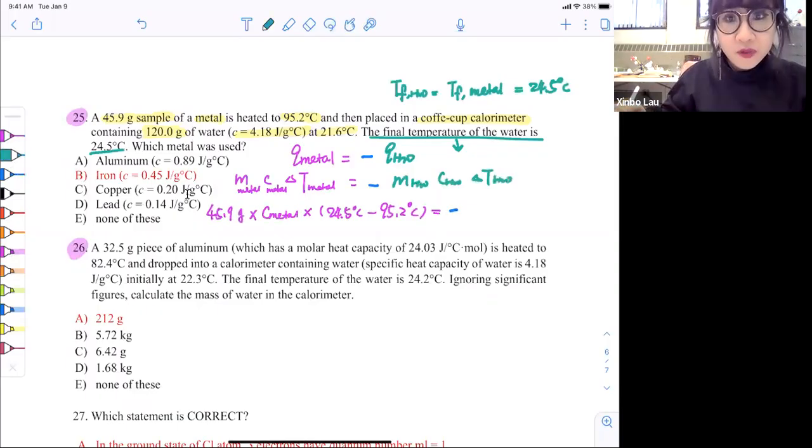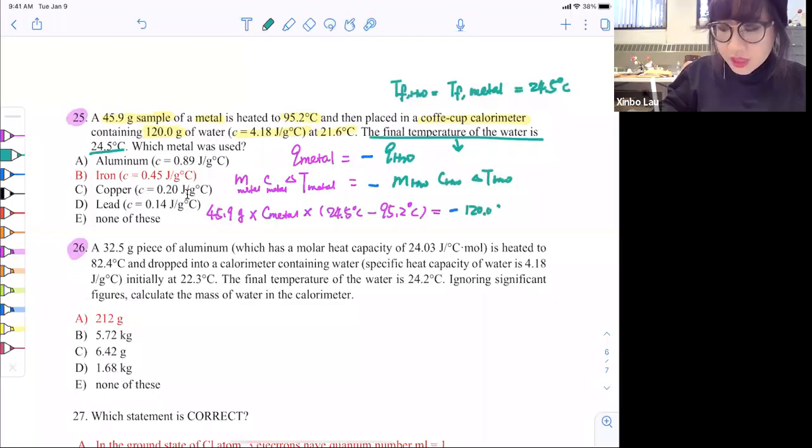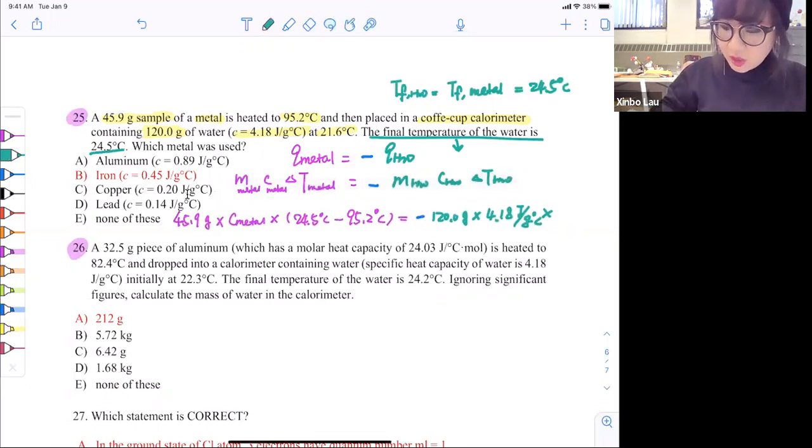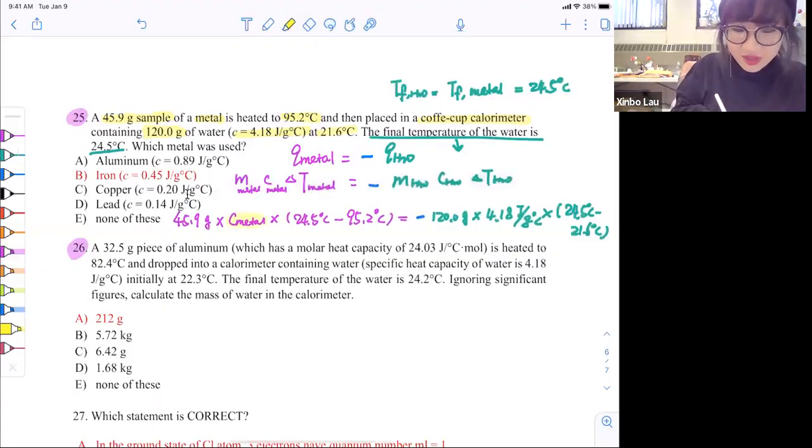The mass of water is 120 grams, specific heat is 4.18 joules per gram degrees C, and temperature change is final minus initial, so 24.5 minus initial is 21.6. We have everything, just one unknown, so we can solve for it. After you solve for it, that will be B as in boy.